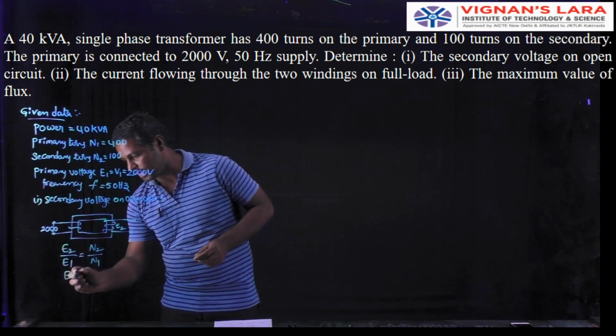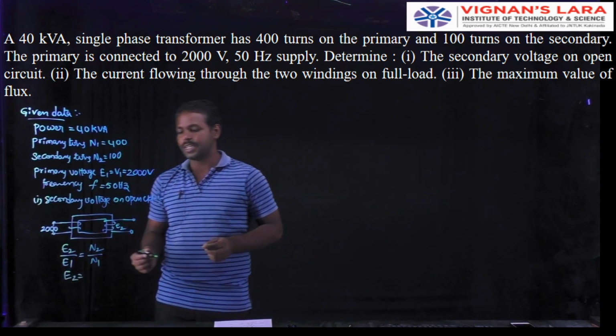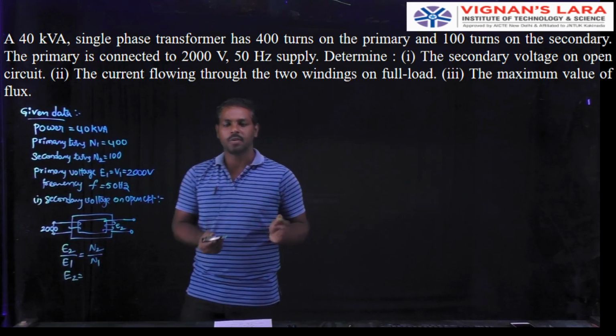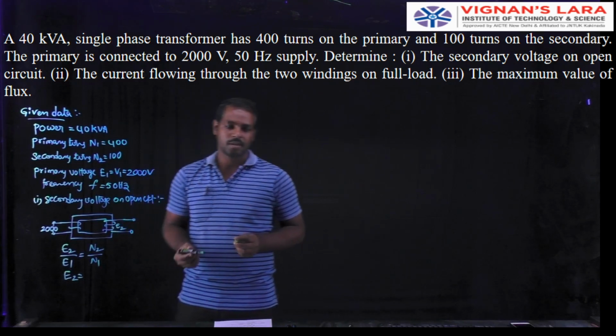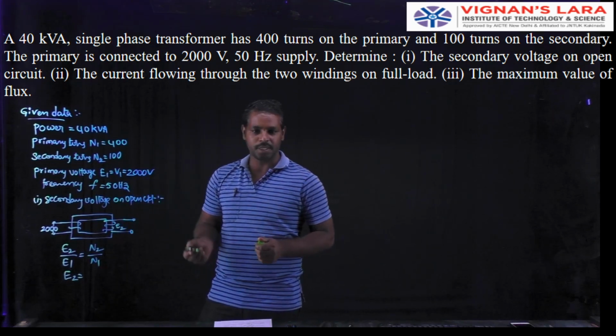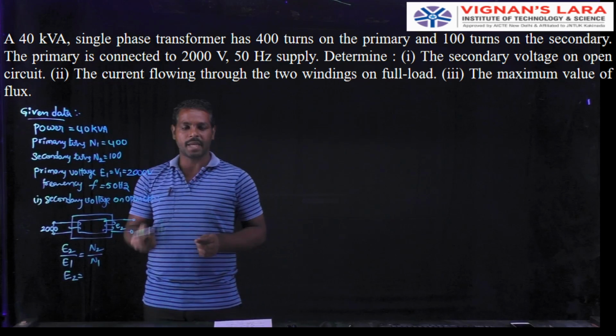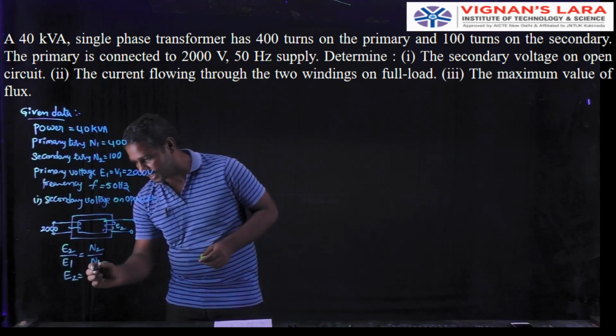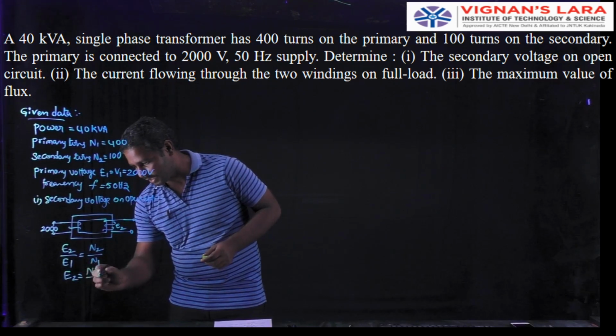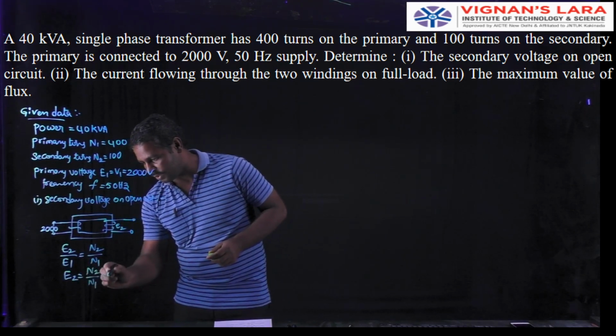E2 is the induced EMF in the secondary winding, which is open circuited. Current must be zero because these two terminals are open circuited, meaning I2 is equal to 0, but the maximum amount of voltage exists between the terminals. E2 is equal to N2 divided by N1 into E1.